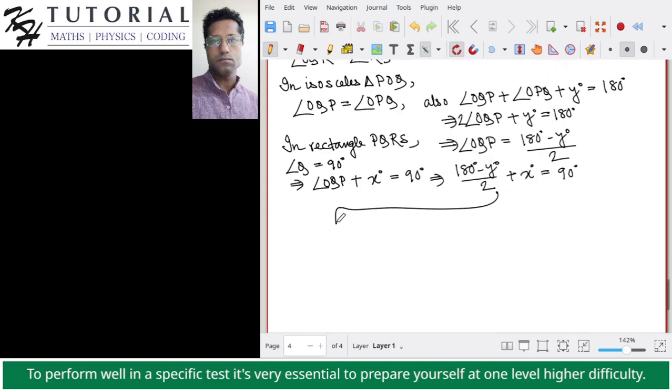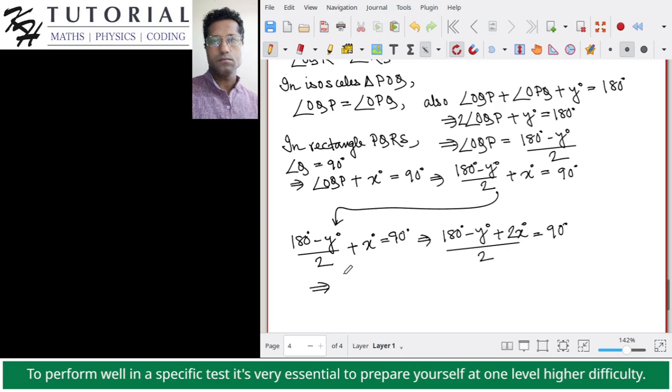So, we have (180 degree minus y degree) divided by 2 plus x degree is equal to 90 degree. If we simplify the left hand side, we get (180 degree minus y degree plus 2x degree) divided by 2 is equal to 90 degree.